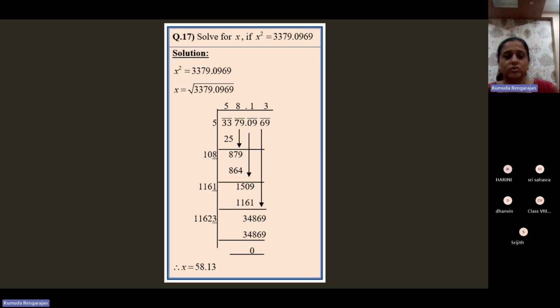X squared is equal to 3379.0969 is given. So this means x is equal to the square root of the given number. Find the square root of the number using the long division procedure. And here you have the value for x. X is equal to 58.13.